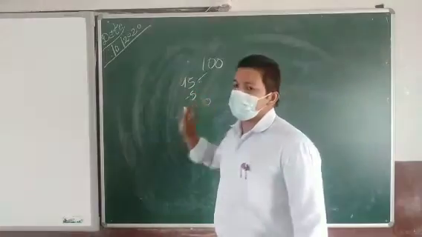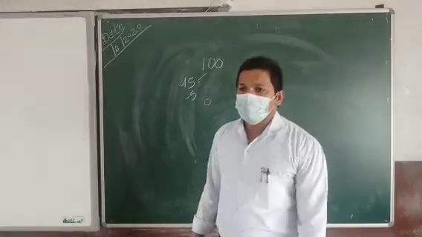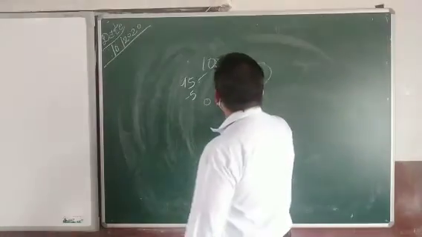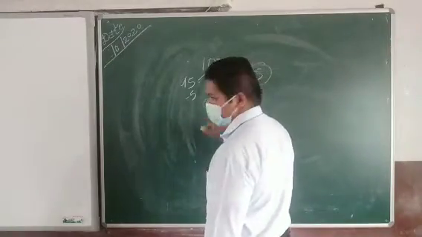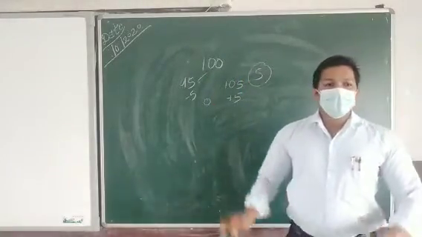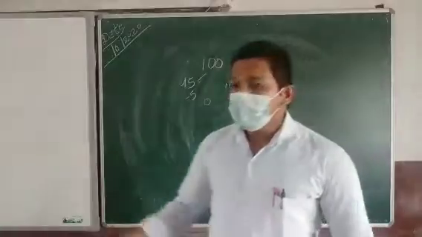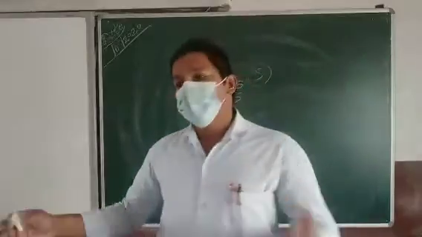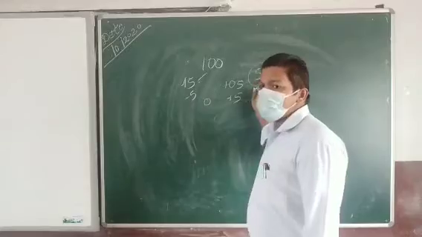It means there is no need for any action. Do you understand? And even if it is plus 5, 105 is coming, then also no reporting is necessary, because it is coming under the deviation tolerance limit.